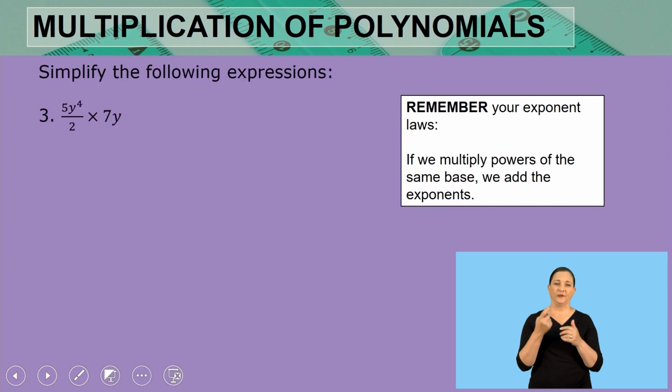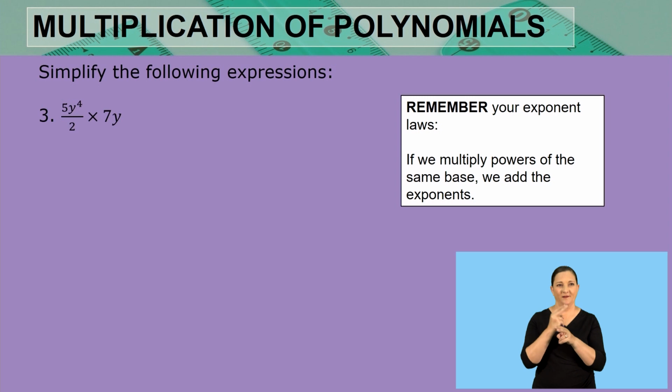Let's simplify the following as well. Again, as a reminder, if we are multiplying the same base, then we are going to add those exponents. So now we have 5y exponent 4 divided by 2, and we are multiplying this with 7y. So again, we are multiplying 5 halves by 7.